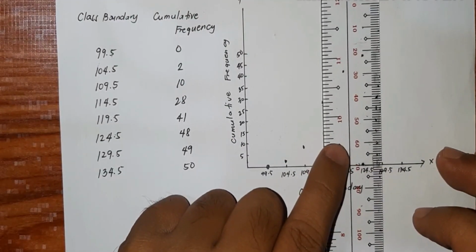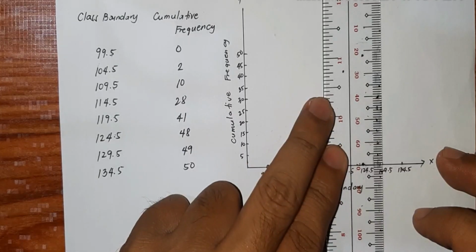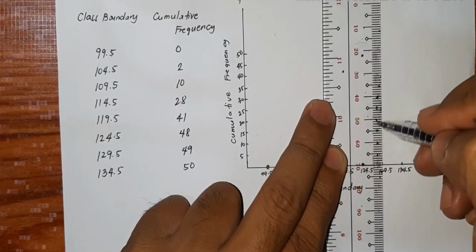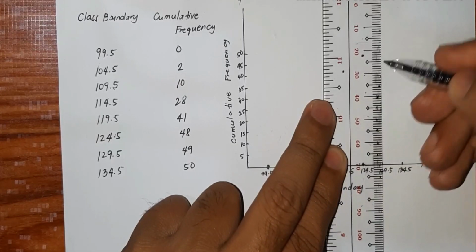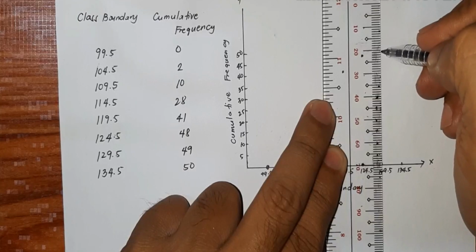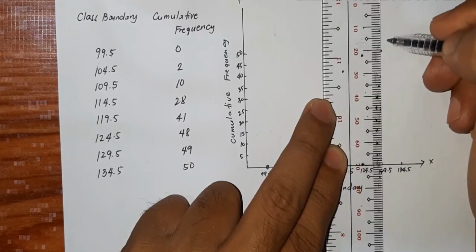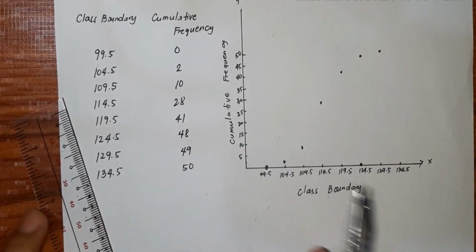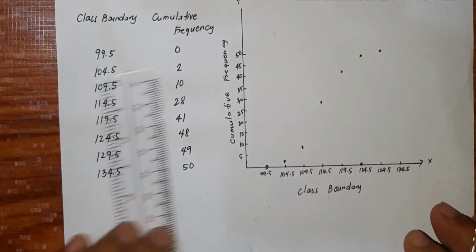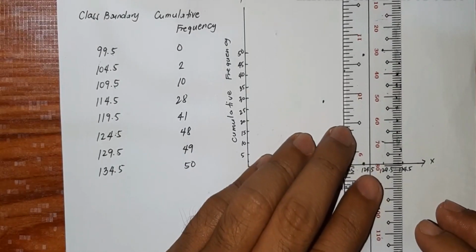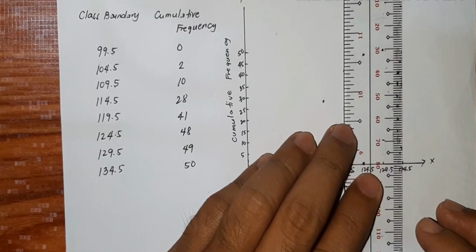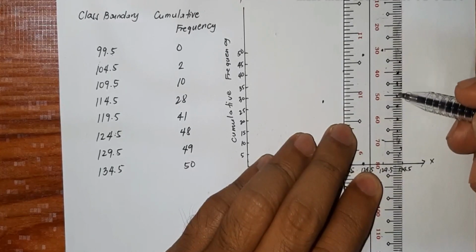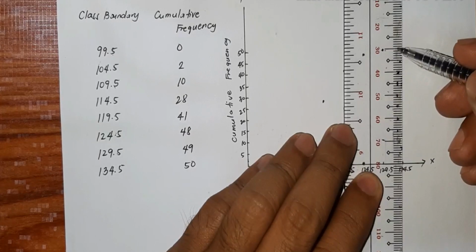So, lagpas lang ng isang unit din sa 124.5. 5, 10, 15, 20, 25, 30, 35, 40, 45. So, 49. Okay, last one is 134.5 is 50 units. Cumulative frequency niya ay 50. So, we have 5, 10, 15, 20, 25, 30, 35, 40, 45, 50.